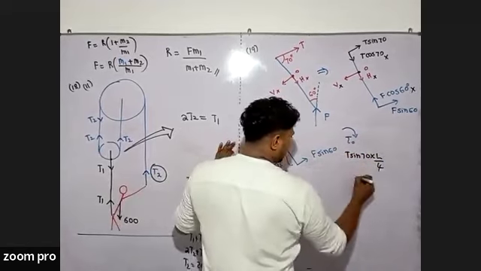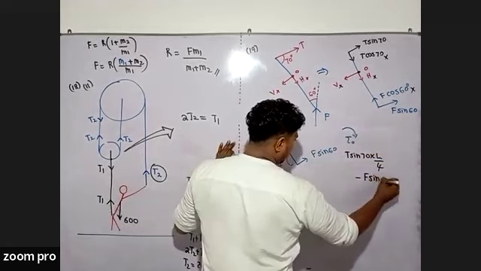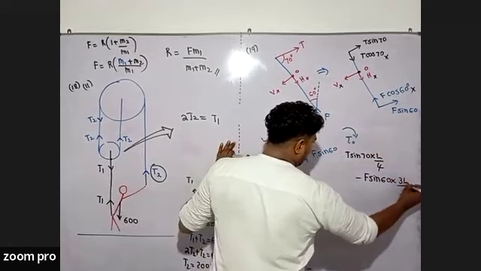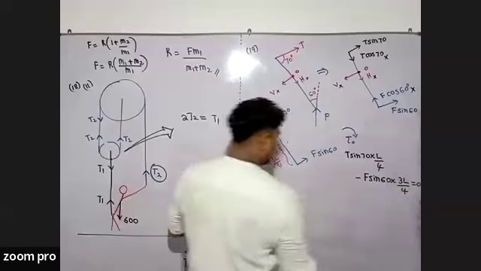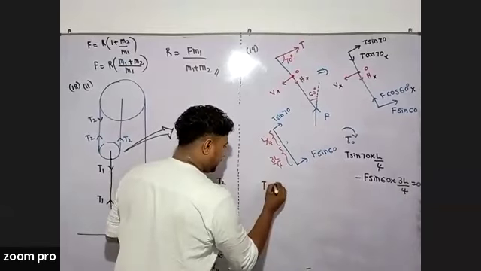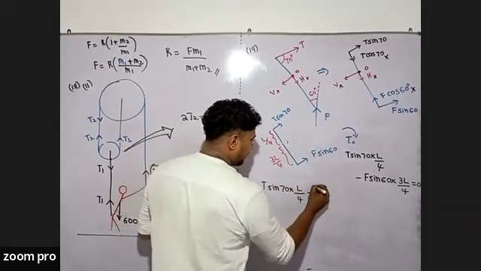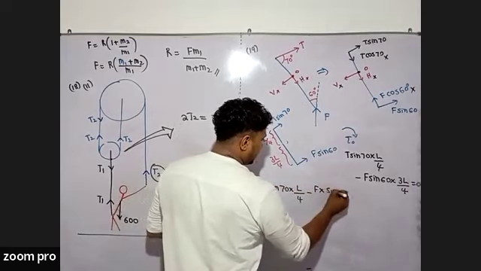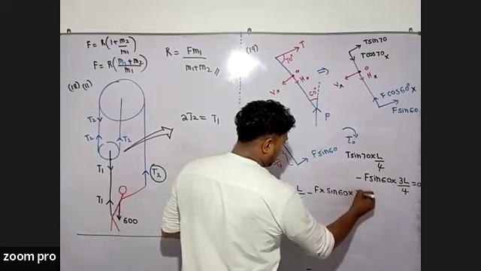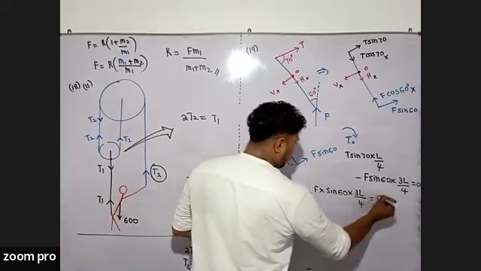This one should be minus, isn't it? F sine 60 into 3L over 4 equal to 0. Then T sine 70 into L over 4 minus F into sine 60 into 3L over 4 equals 0.